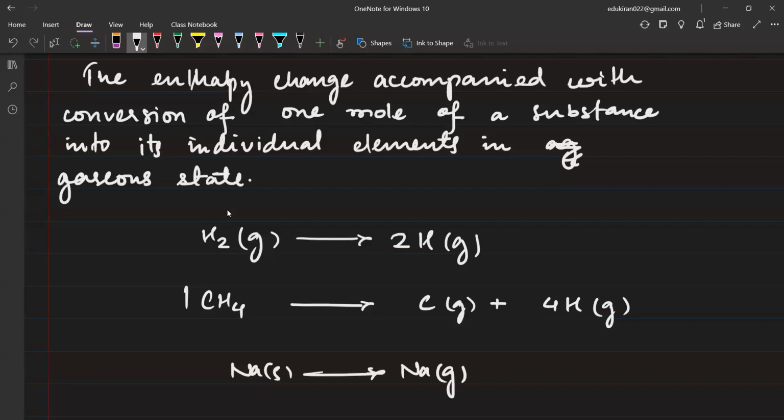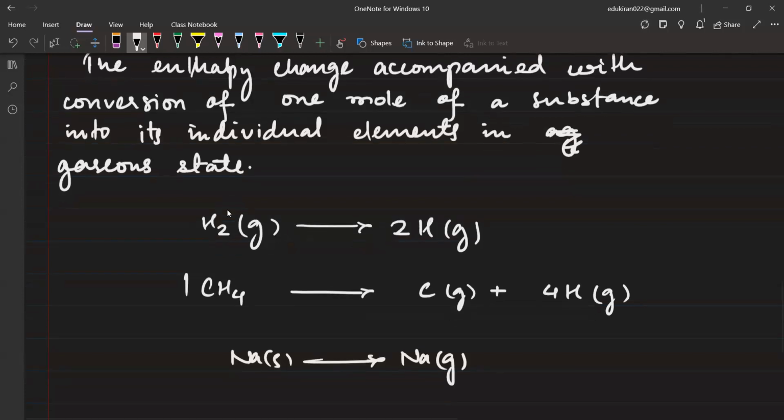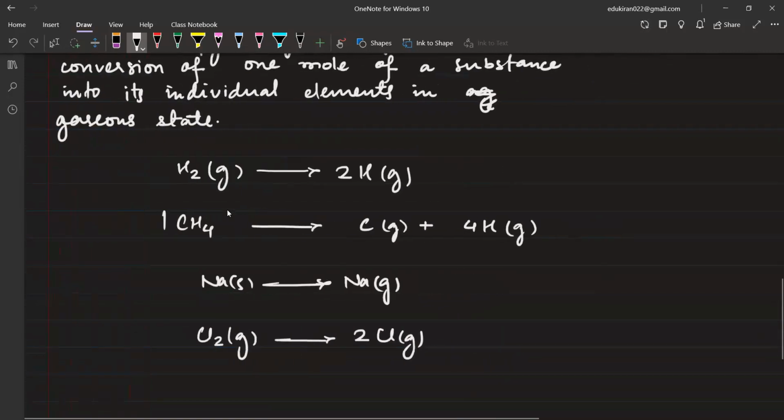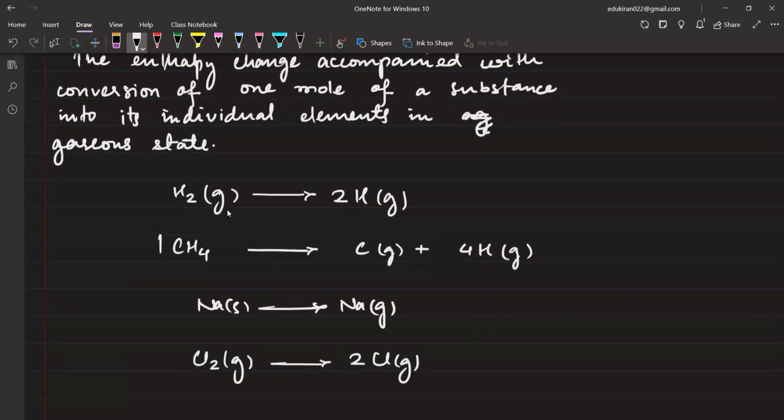Okay. Please write this down. All of you understand now how to write. This is an easy reaction. You just need to look up the elements, what are the elements and how many are present. So for example, let us suppose you have Cl2. No matter if this is gas, you will convert it into 2 chlorine atoms, which are in gaseous form. So please write this down quickly.